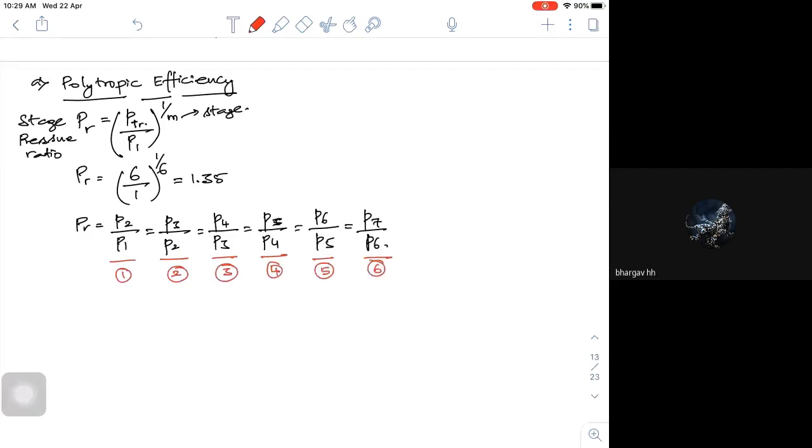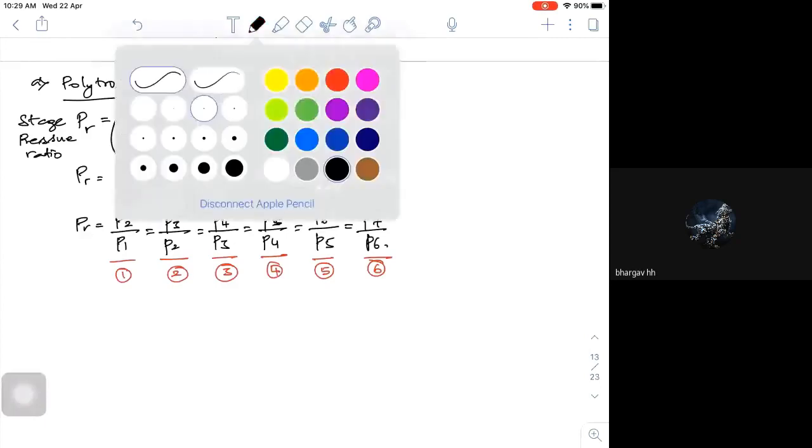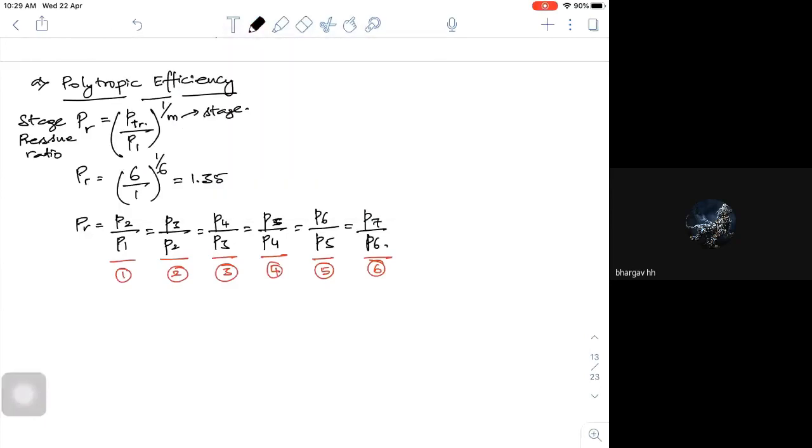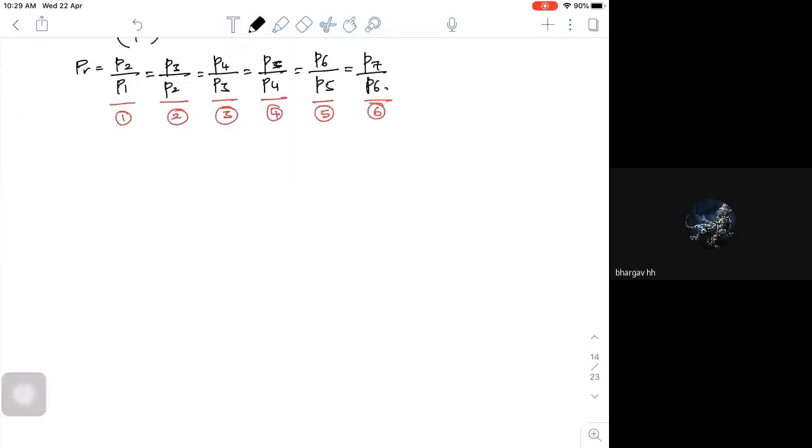From thermodynamics, we already know this general equation for an isentropic process, which can be compression or expansion. T2 by T1 is equal to P2 by P1 whole to the power of gamma minus 1 by gamma.